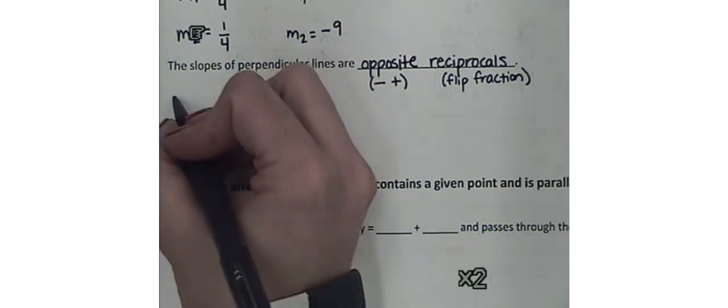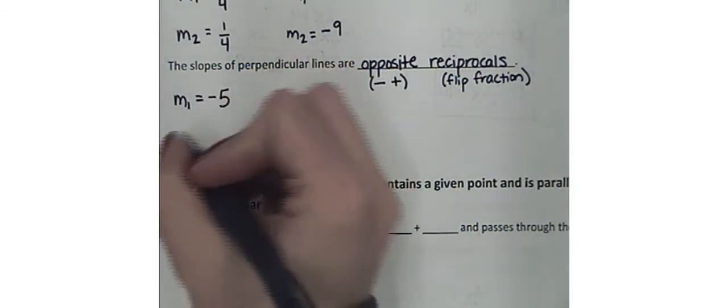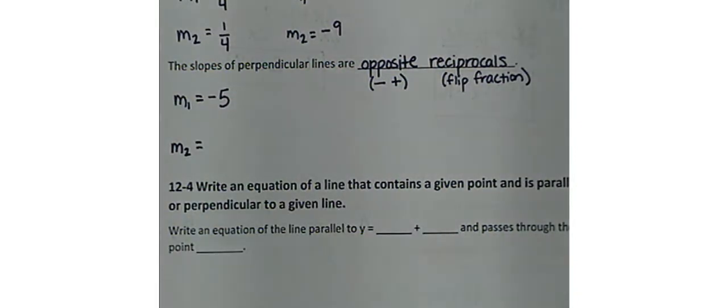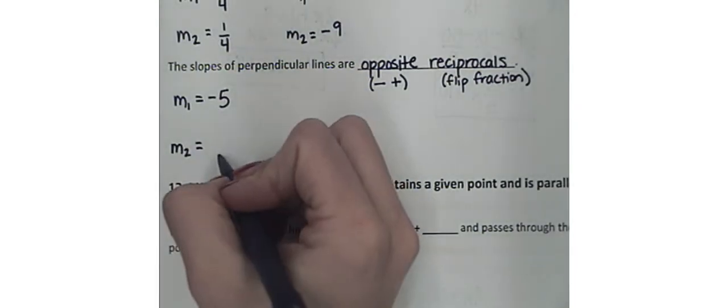So if I give you a slope of -5, could you give me the slope perpendicular to that? If this one's negative, my new slope has to be a positive.